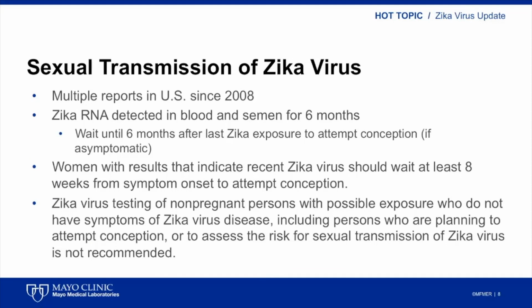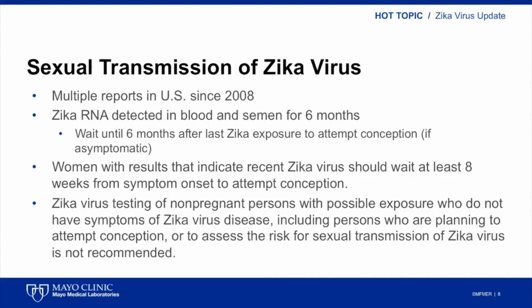Since 2008, there have been multiple confirmed reports of Zika virus by sexual transmission. Studies have demonstrated that Zika RNA can be detected in blood and semen for 6 months after the onset of symptoms or the last possible viral exposure.